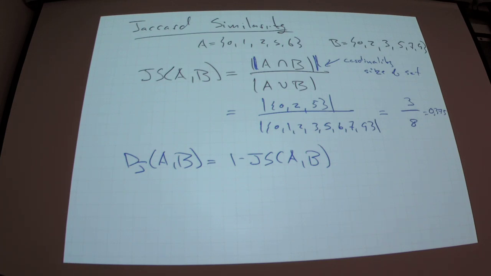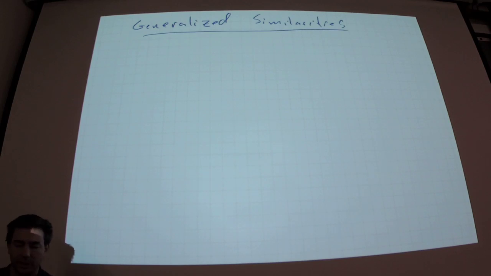Okay, I want to mention that there are many ways to find similarity. Okay, there are lots of ways to find similarities.